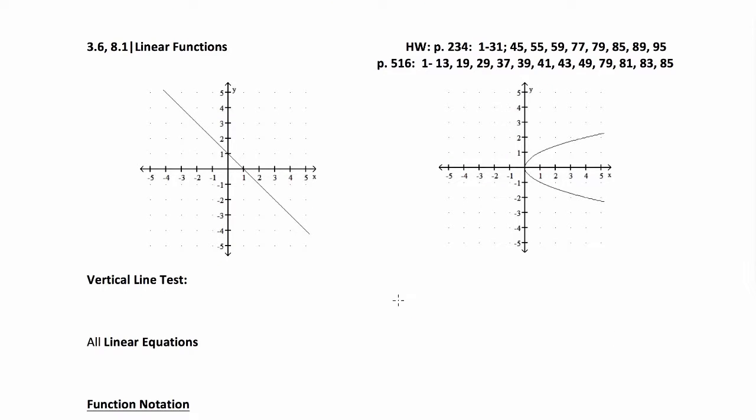Okay, so here we have a couple more relations. Now these are just graphs, so these might not look like sets of ordered pairs, but remember what these graphs represent is an infinite collection of ordered pairs that usually satisfy some equation. So these are relations with an infinite number of ordered pairs.